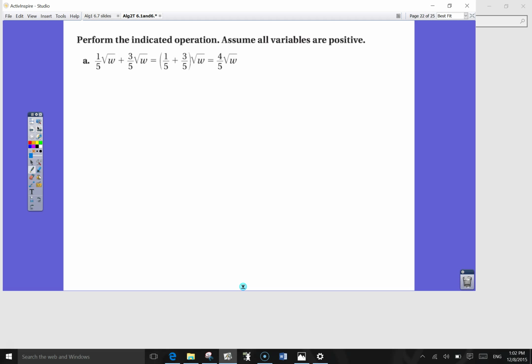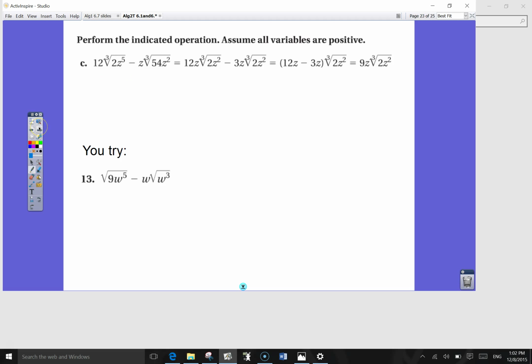So we can add them by adding the coefficients. 1/5 plus 3/5 is 4/5. Just looks like such a long string there, but that's all the work. We're just adding up these two right there.